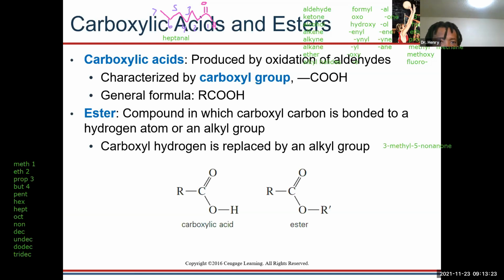Okay, so in terms of priority, let's put these guys in perspective. Carboxylic acids are the highest on the totem pole. They're at the very top. And the esters are just below them.